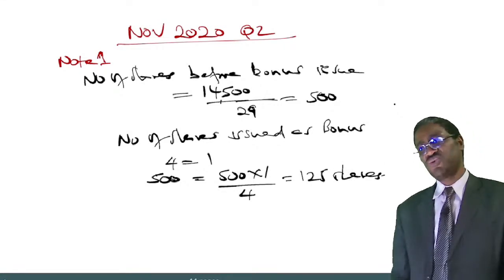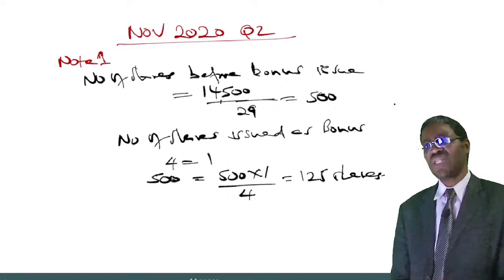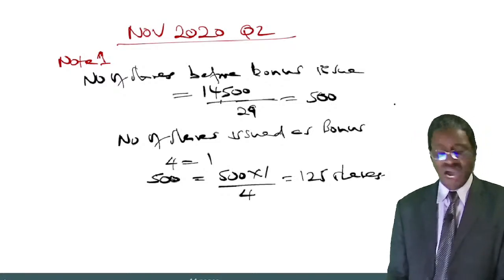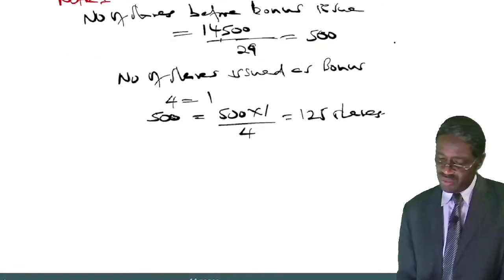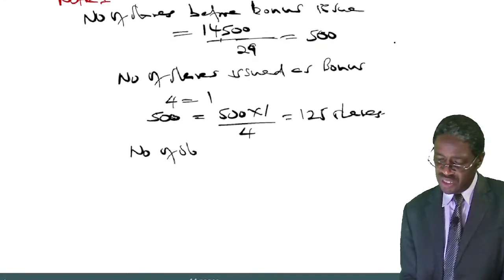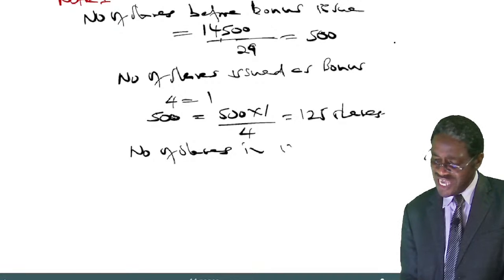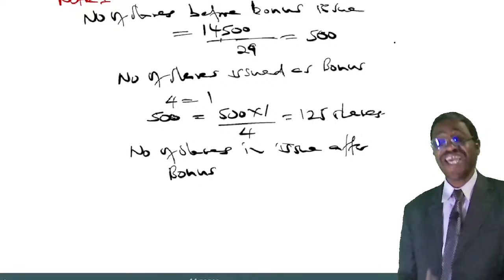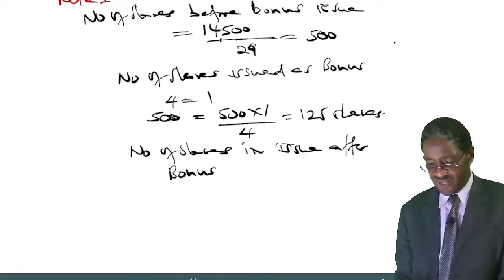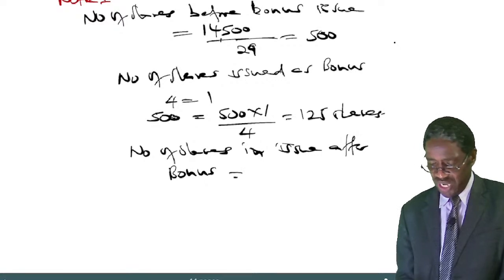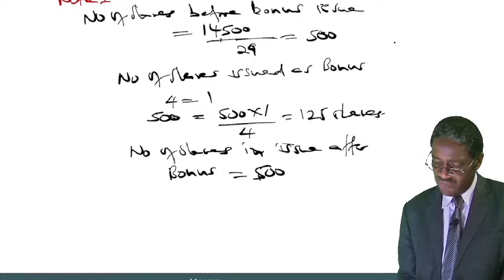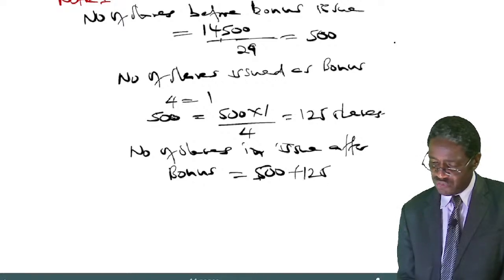Now you need to know how many shares there were after the bonus shares. So we come and see the number of shares in issue after bonus. We had originally 500 plus the ones we have now issued of 125.